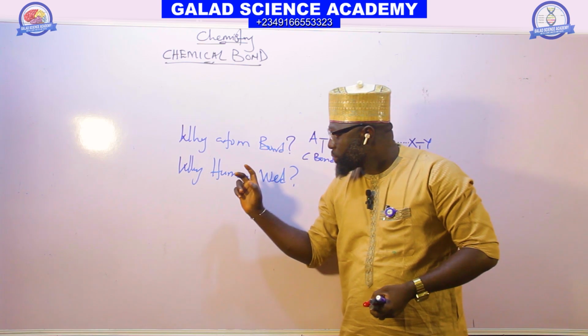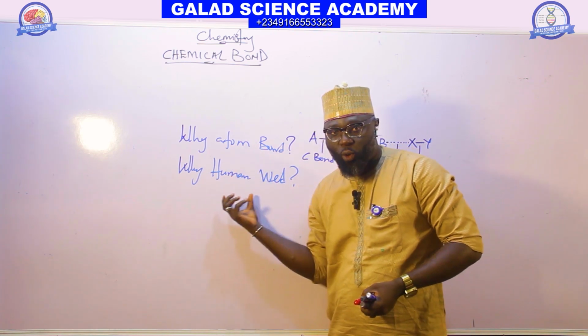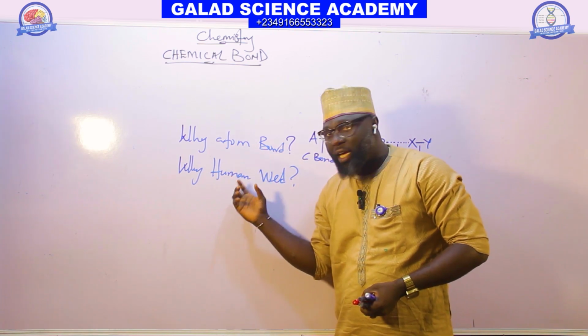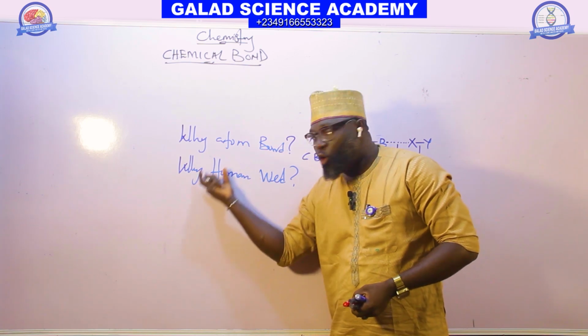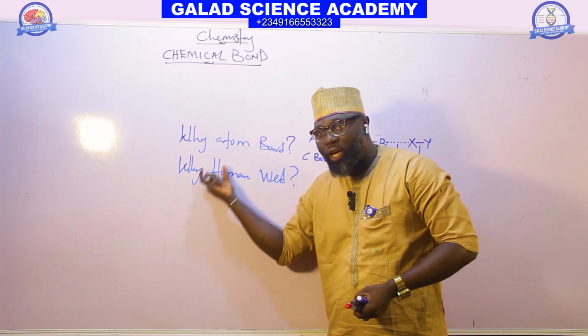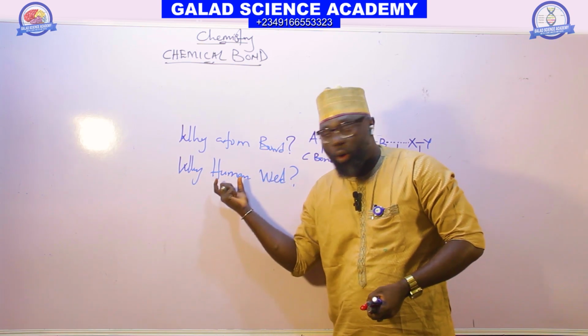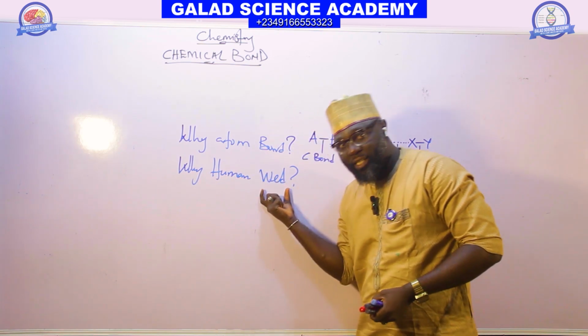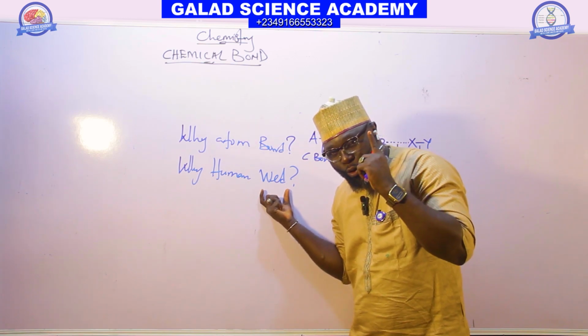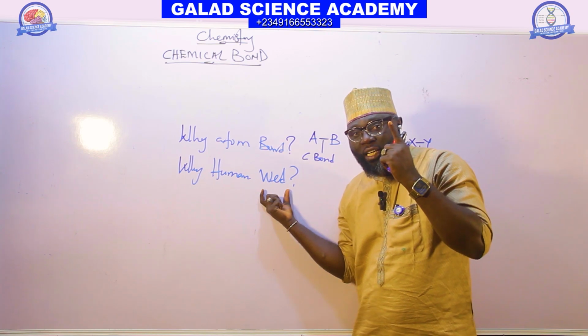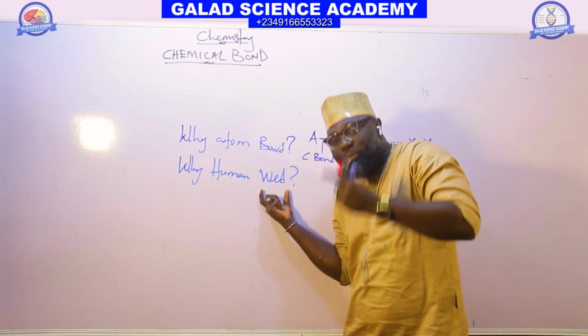We can see the answer for this. Let me use the woman. All women will undergo wedding, or engagement. The first reason for that is in order to be responsible in society.